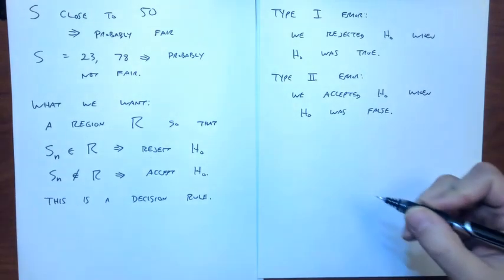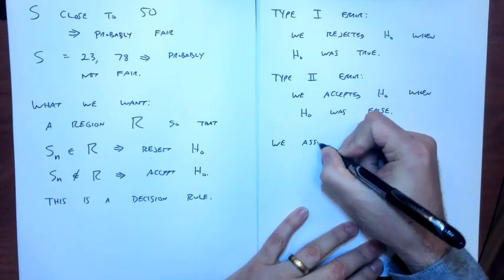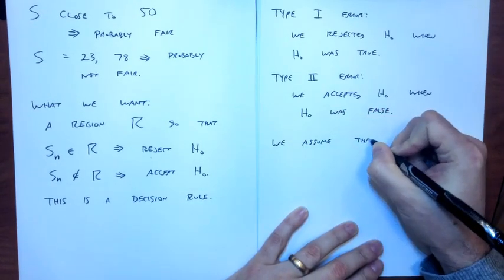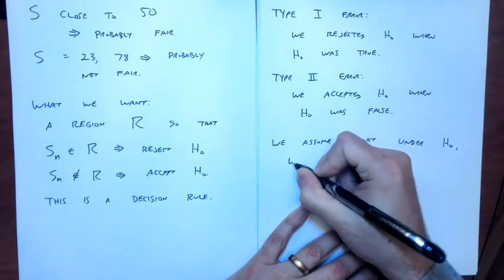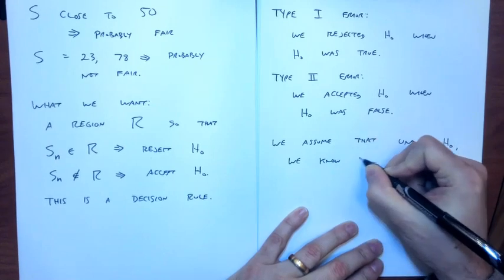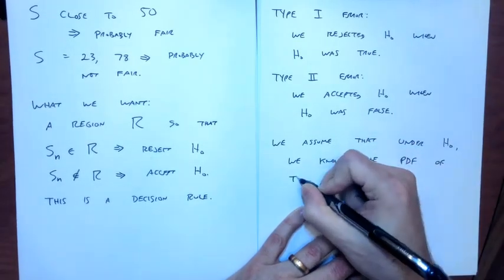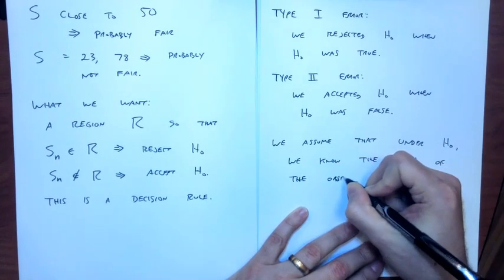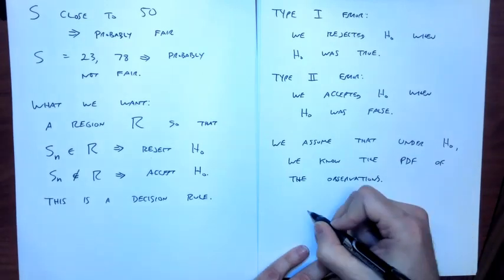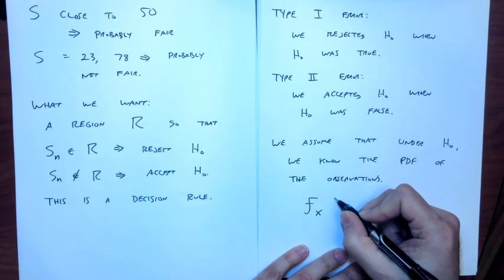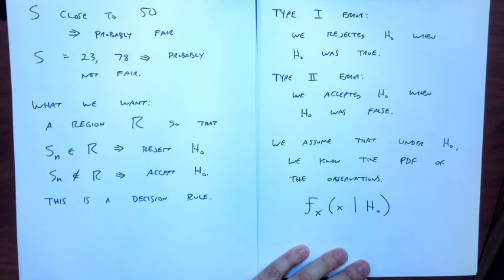So we assume that under H0, we know the PDF of the observations. That is to say, we know the conditional PDF of x given that I'm in state H0.